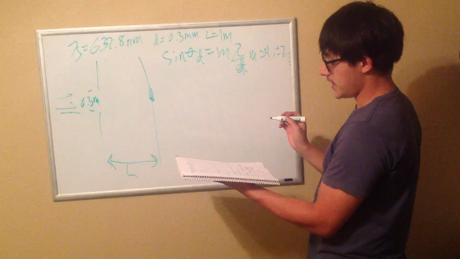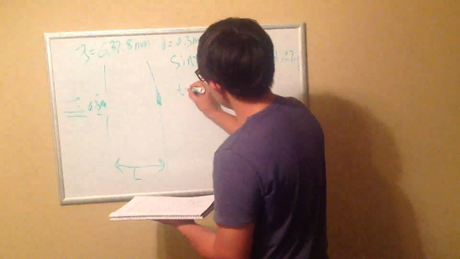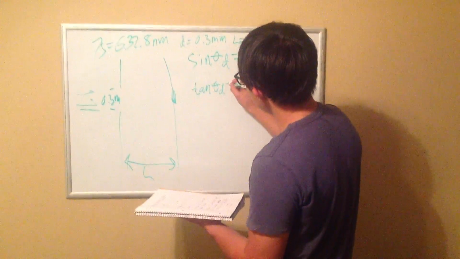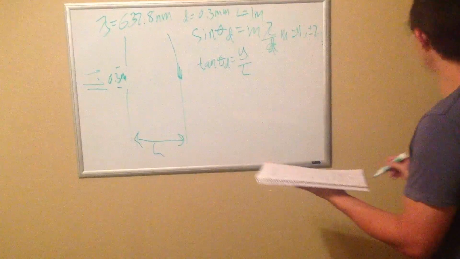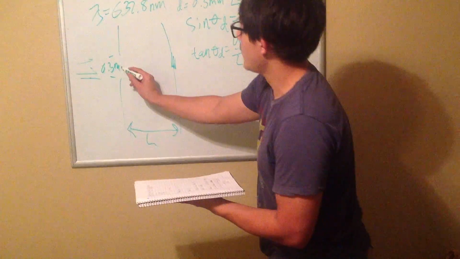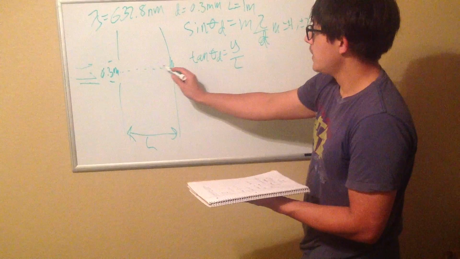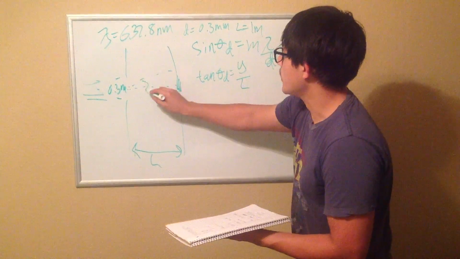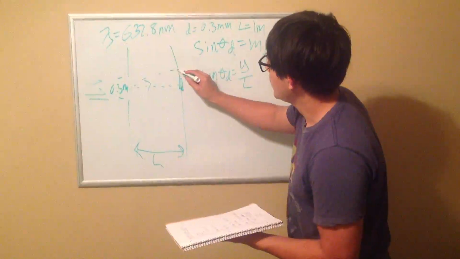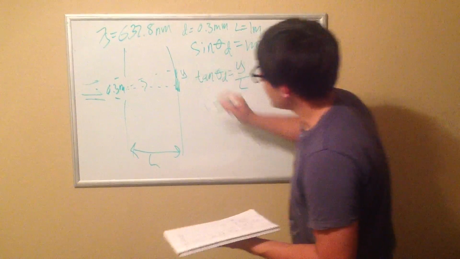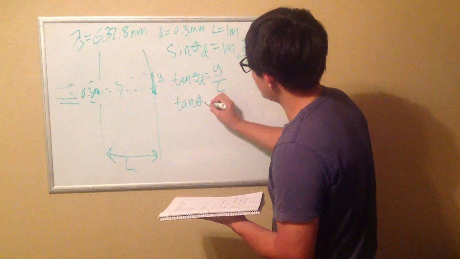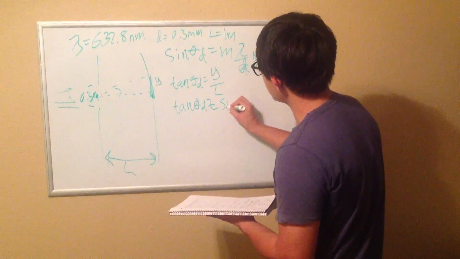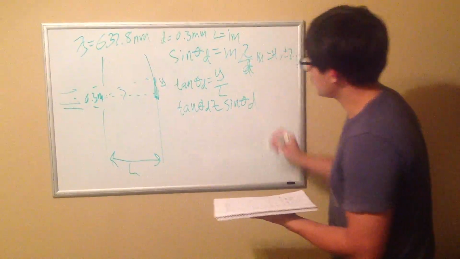First we're going to say that tangent of theta dark is equal to y divided by L, and this comes from this. We're halfway at the middle peak, and then out here somewhere, and we're going to say that this component here is y. And then we're going to say that tan theta dark is roughly equal to sine theta dark.